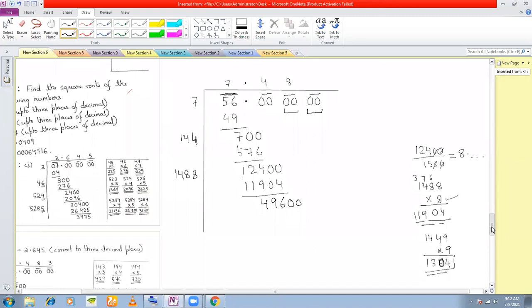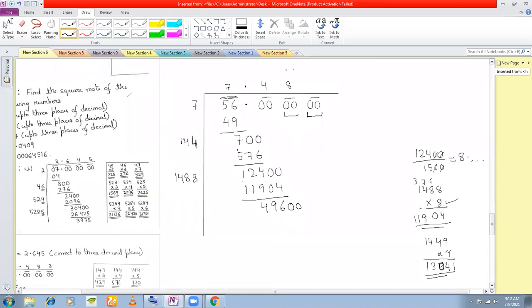Now here you see on top the number 748, right? Ignore the decimal, this becomes 748. And what is the double of 748? It is 1496. Okay, so now we want to insert a digit here. What digit should we insert?